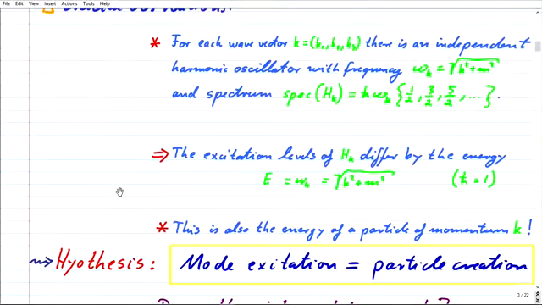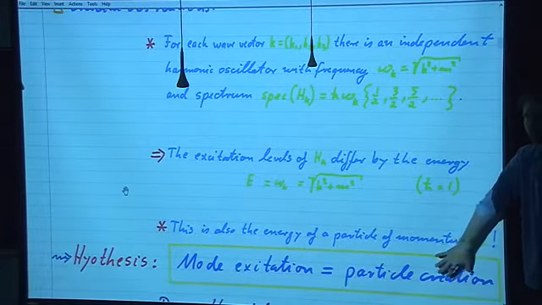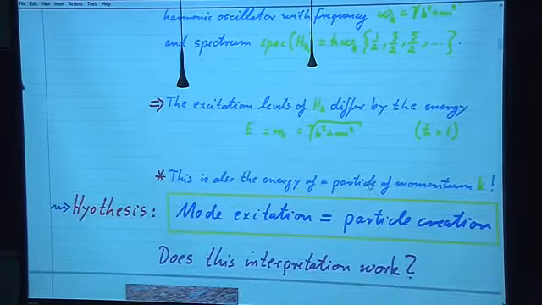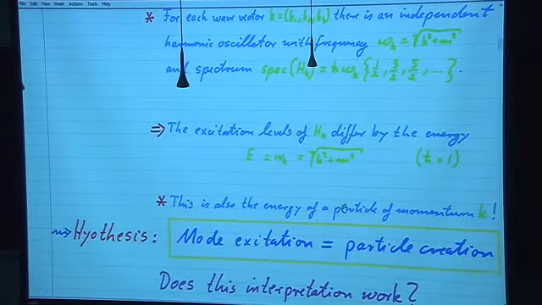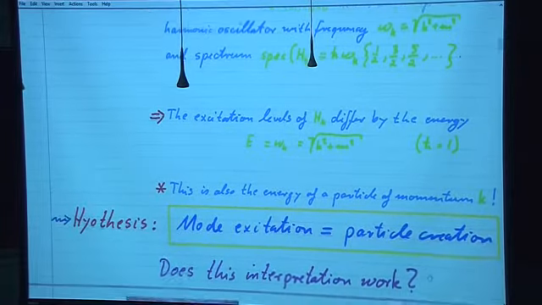So that leads us to the hypothesis that to excite a mode oscillator is to describe the creation of so many particles, or to describe the existence of so many particles. At this point, it's a hypothesis, and we have to ask, does this interpretation work?